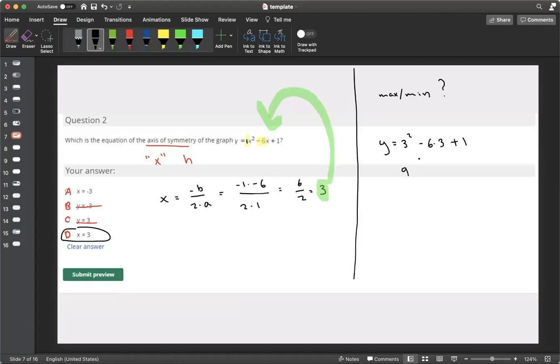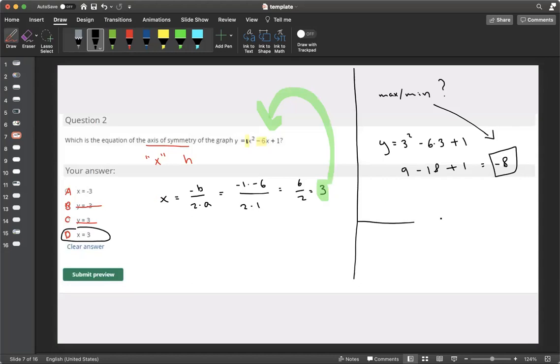So that becomes 9 minus 18 plus 1. And our answer here is going to be 9 minus 18 is a negative 9, plus 1 becomes a negative 8. So this negative 8 here would be my max or min.